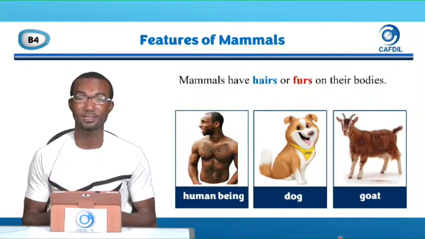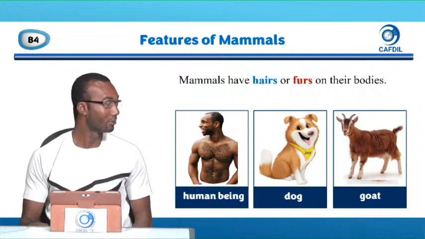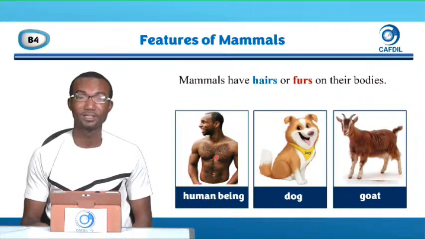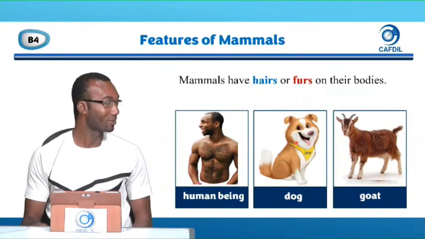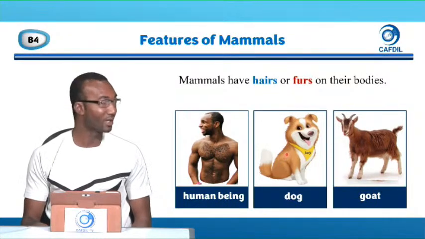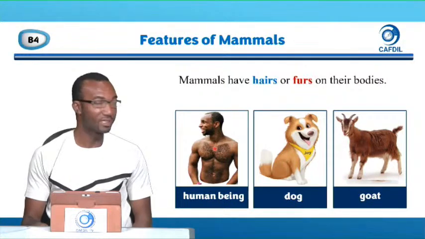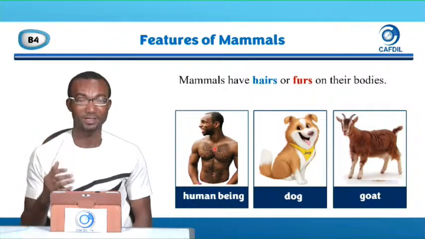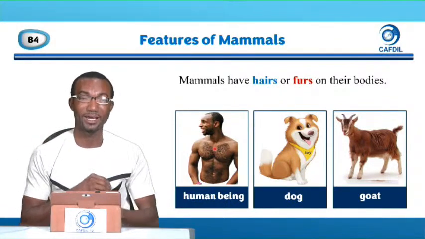Mammals have hairs on their bodies. We humans have hair. But when it comes to animals, we call it fur. Human beings have hair. So I cannot say I have fur on my head or I have fur on my skin. I have hair.